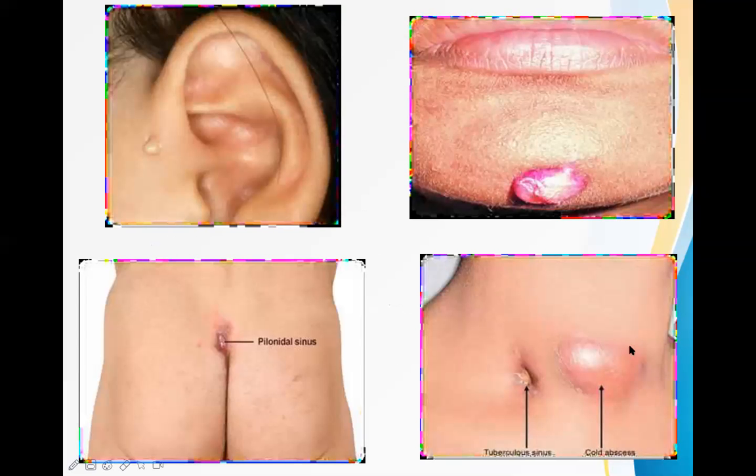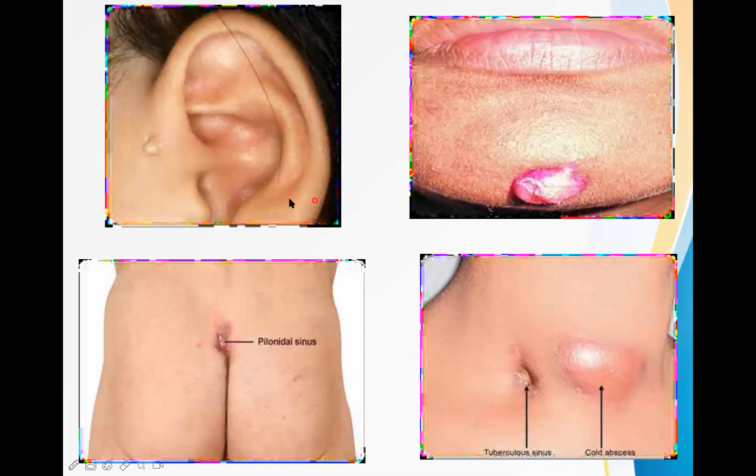Now after this discussion, let's look at some of the pictures here. All of you please focus on the slide. See that? Now this is the pinna, the first picture.